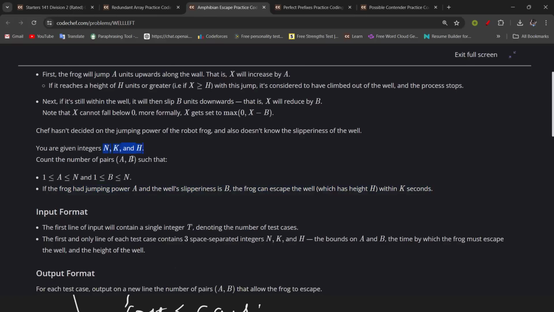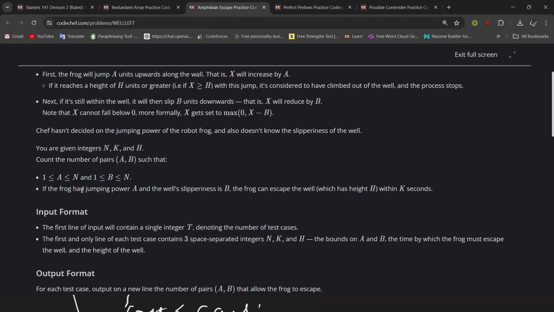What we need to find is the number of pairs A, B. So we'll just assign A and B different values. So we need to find how many pairs of different values we can have, such that A lies in the range from 1 to n. So we can assign A values from 1 up to n, 1, 2, 3, 4 up to n. For B, we can assign values 1, 2, 3, 4 up to n.